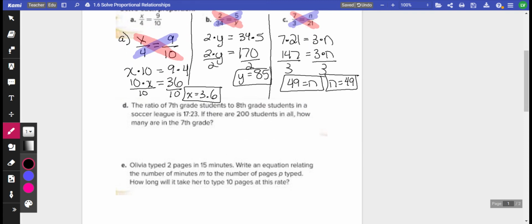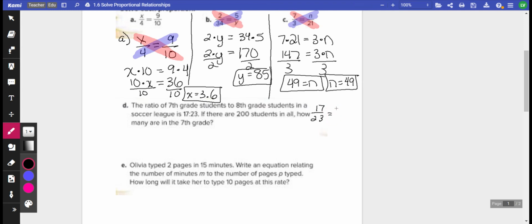Letter D. The ratio of 7th grade students to 8th grade students in a soccer league is 17 to 23. If there are 200 students in all, how many are in the 7th grade? Okay, so if I have this ratio of 17 to 23, I'm going to write this over here, 17 to 23.